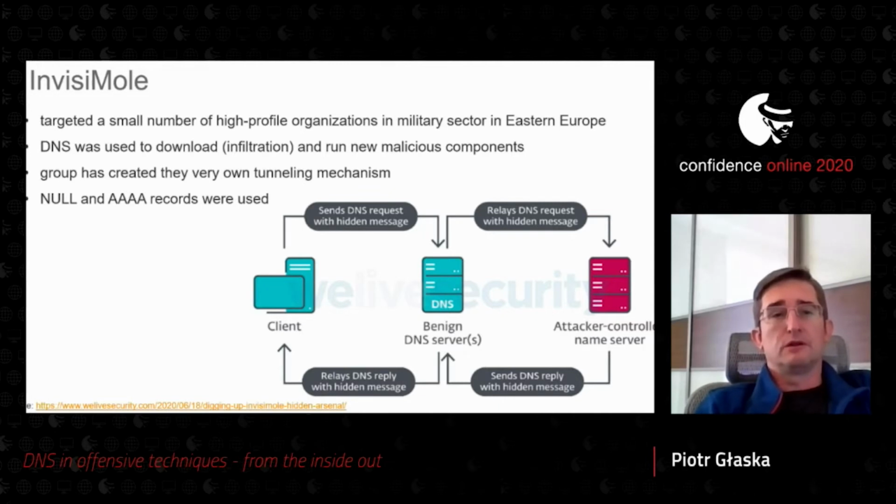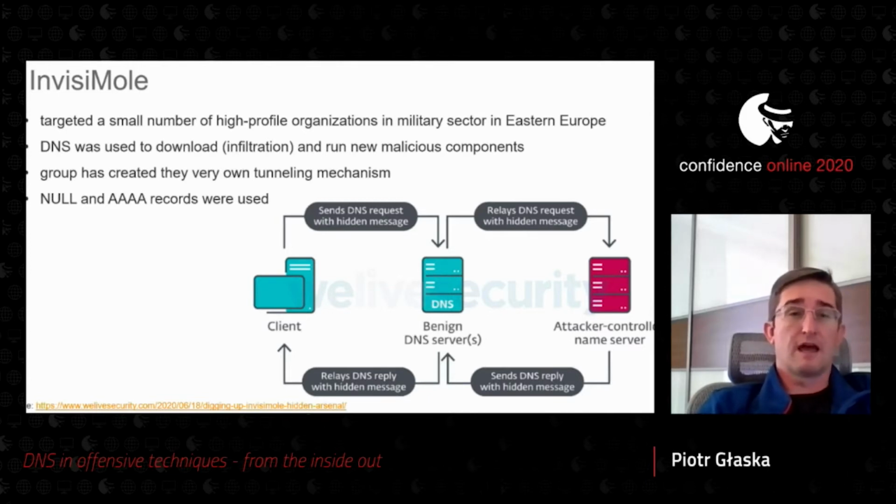They were using NULL records by default, which for me might be a little bit surprising because NULL records are very good for data transfer, because you can put any kind of data inside, like 250 bytes. The problem is they are very rarely seen on the network.